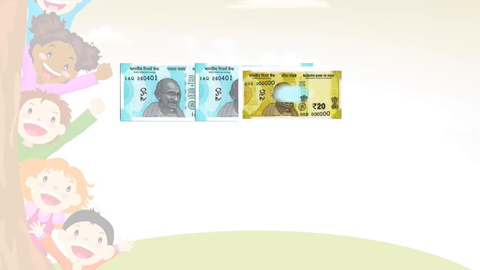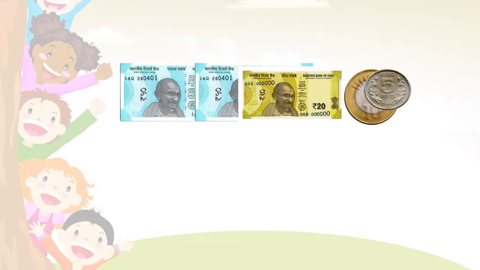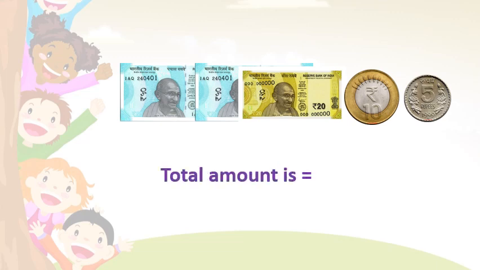Now here we can see 50 rupee note, one more 50 rupees note, 20 rupee note and 10 rupee coin, 5 rupee coin. What is the total amount? Come on.